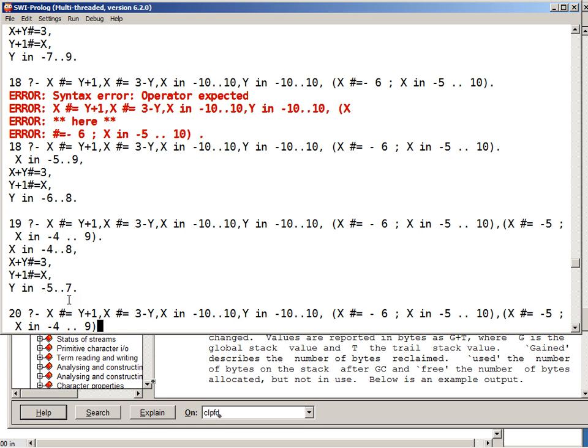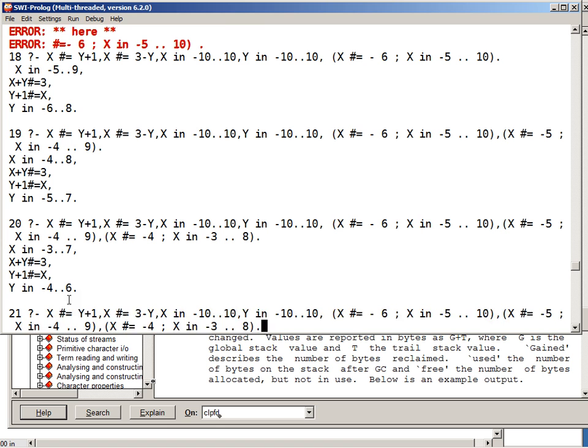So let's shrink some more. Now we try x being equal to minus 4 or x in minus 3 and 8. So again, more shrinkage, and we're going to continue the process.